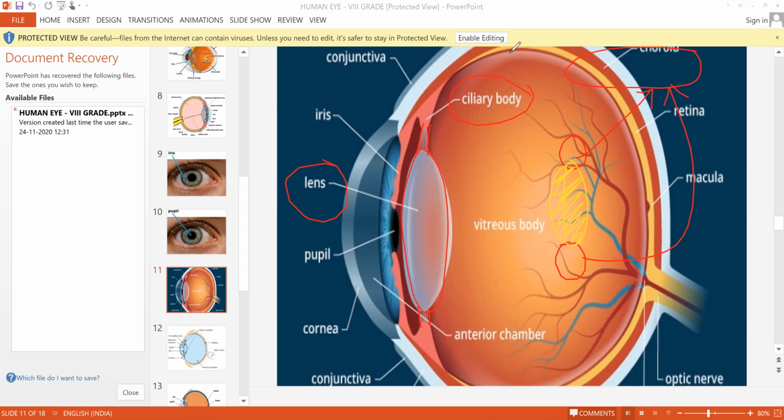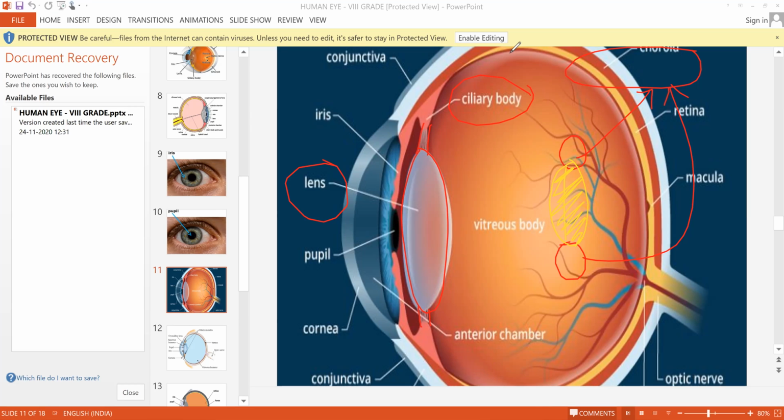So once again, I'll explain about the ciliary body. It has suspensory ligaments. I have already shown you what suspensory ligaments are. These suspensory ligaments help in holding the lens in its place. They also secrete some aqueous humor, which is a transparent watery fluid which helps in vision clarity or optical clarity.